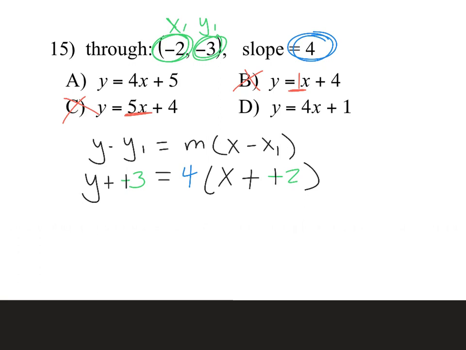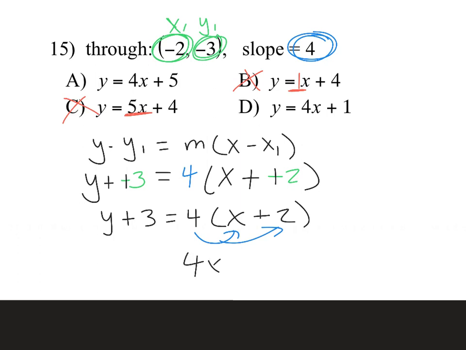So we're almost done. So we have y plus 3 equals 4 times x plus 2. I just kind of cleaned up those double addition signs there. And we know that we need it in slope-intercept form, which means we need to ditch these parentheses for starters. So I'm going to distribute to get rid of the parentheses. So that'll be 4x plus 8 over here.